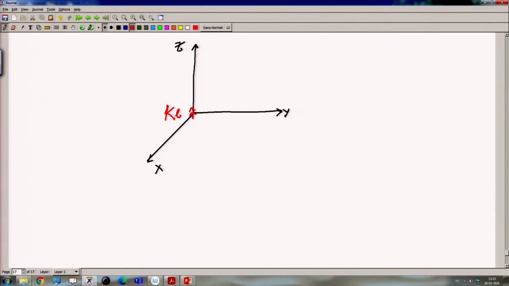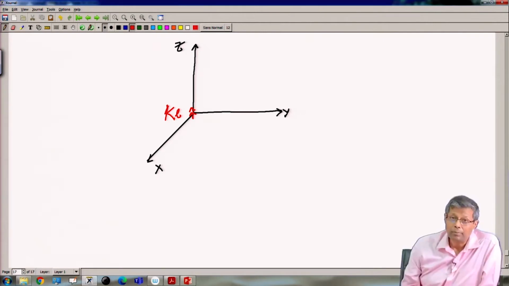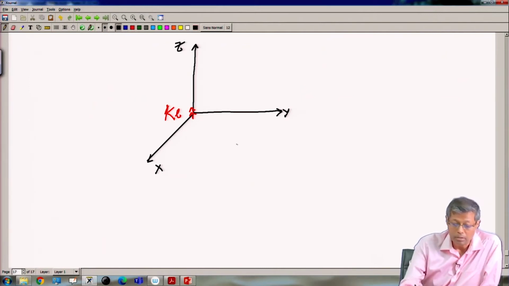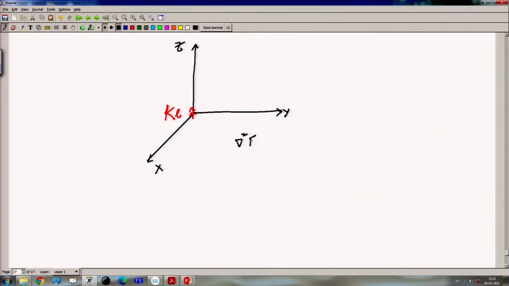So, because the magnetic current source is z directed, F will also have a z component only, and therefore, the Helmholtz equation can be written as grad square f z plus k square f z is 0.